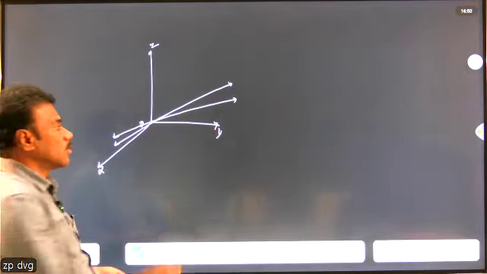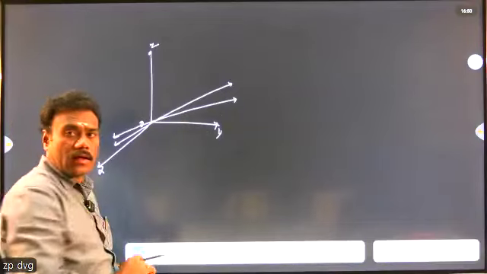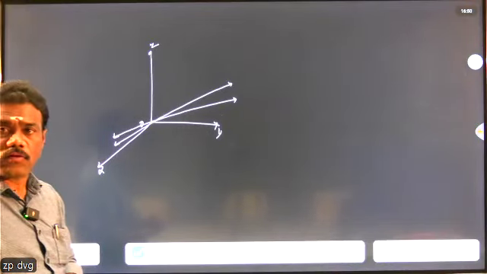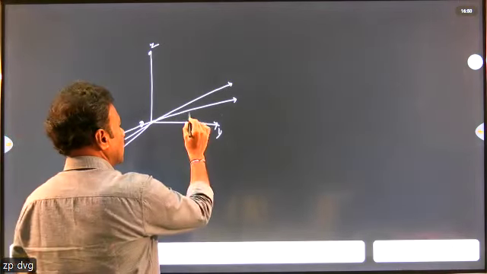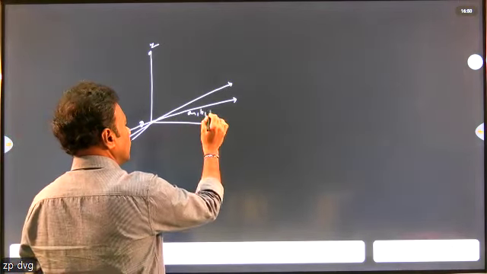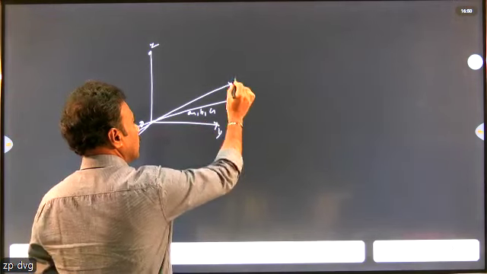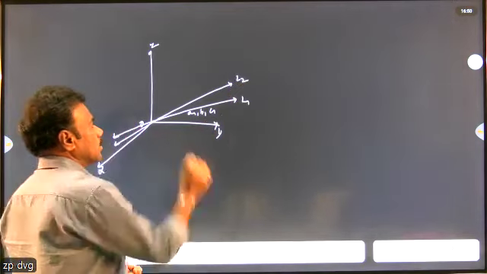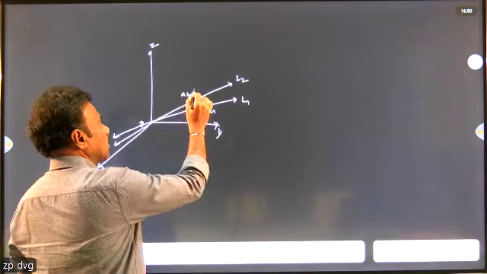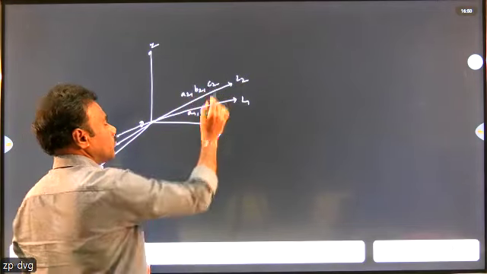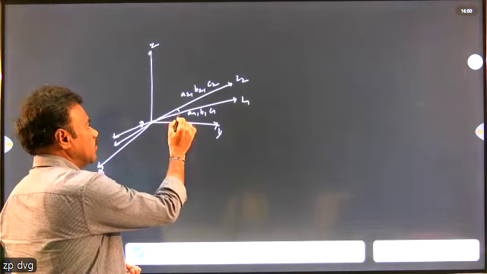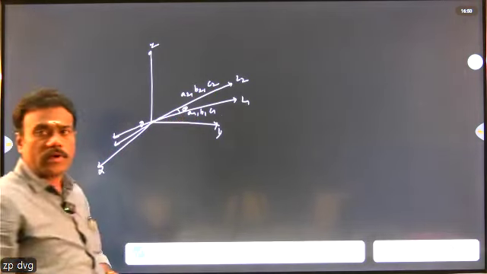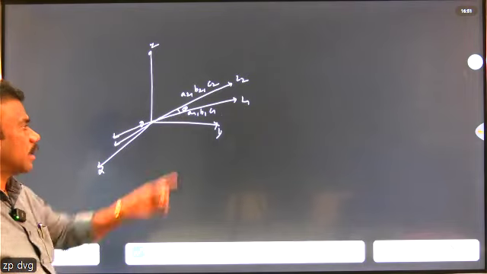The first line L1 has direction ratios A1, B1, C1, and the second line L2 has direction ratios A2, B2, C2. Then to find the angle between these two lines, take theta as the angle between them.